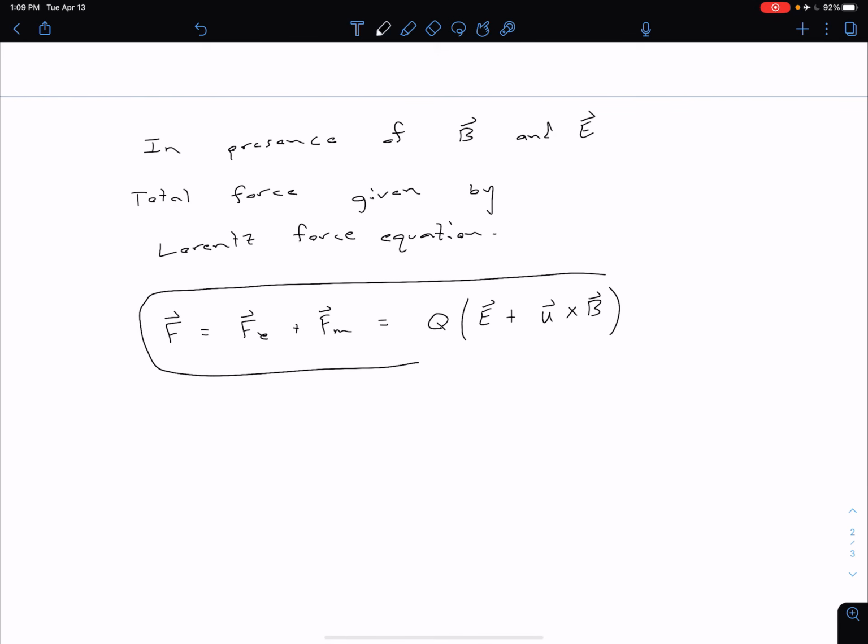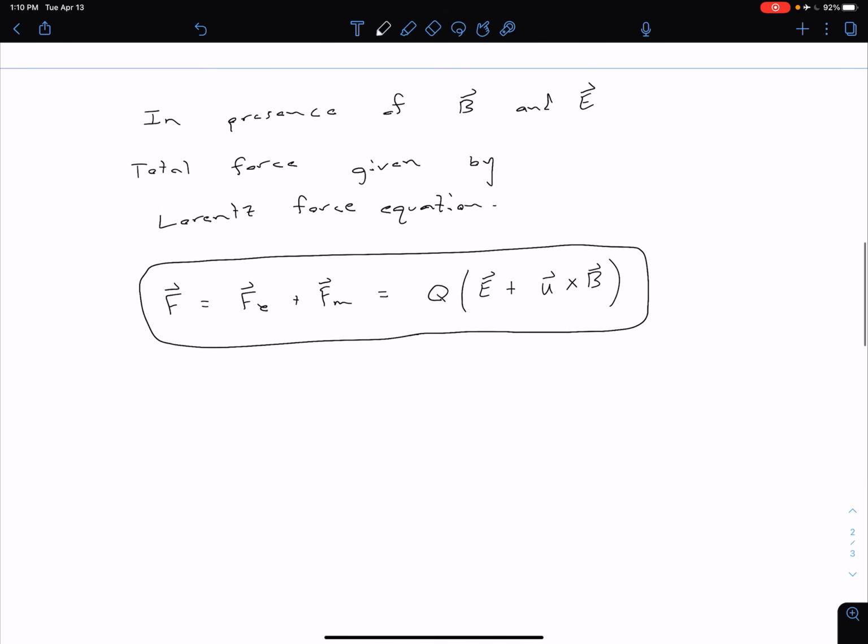This is our general force equation for a particle in the presence of an electric or a magnetic field. If we had zero magnetic field, this term here is going to go to zero. If we have zero velocity, that term goes to zero. If we have zero electric field, this term goes to zero. So we can use this more generally in all cases, but we don't need the full equation if we only have an electric field or only a magnetic field.